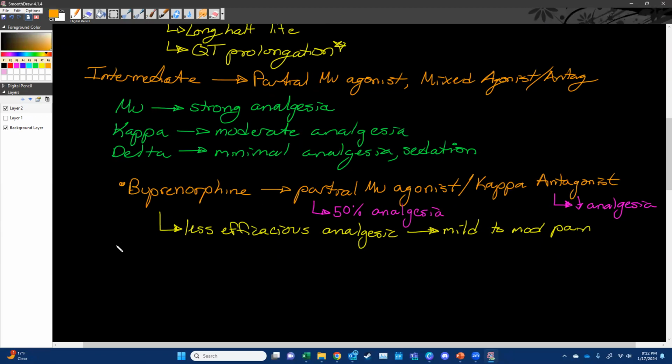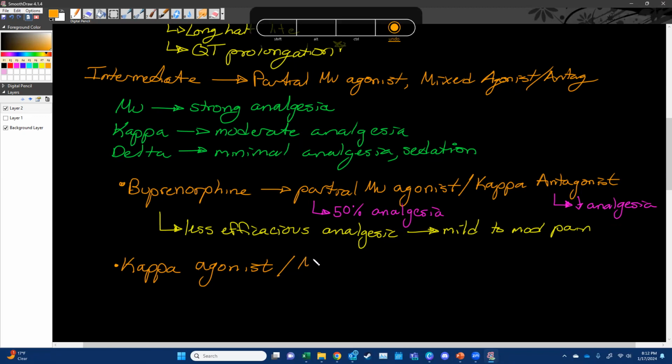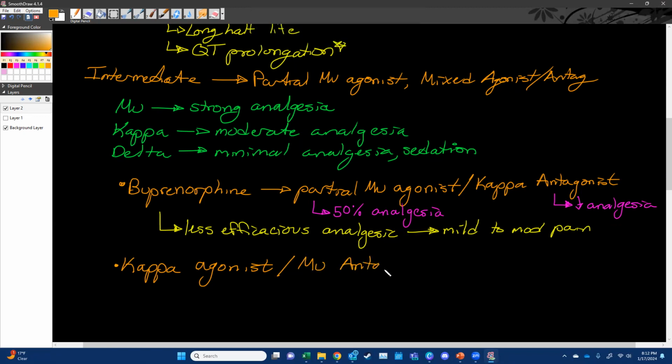The next drugs that we're going to look at are all going to be our kappa agonists. So their main function is based on kappa because they're also a mu antagonist. So we get some analgesia from kappa, but we prevent major analgesia.